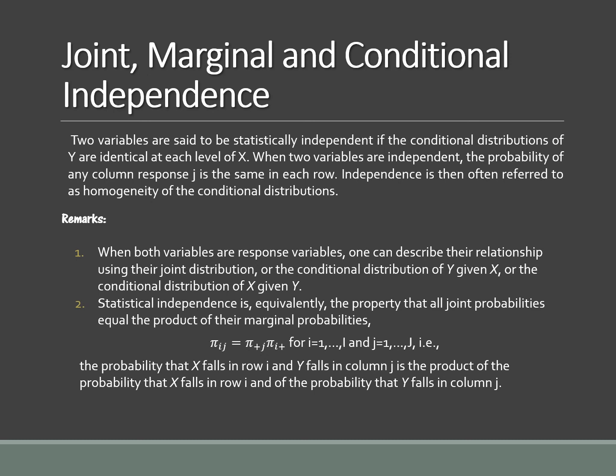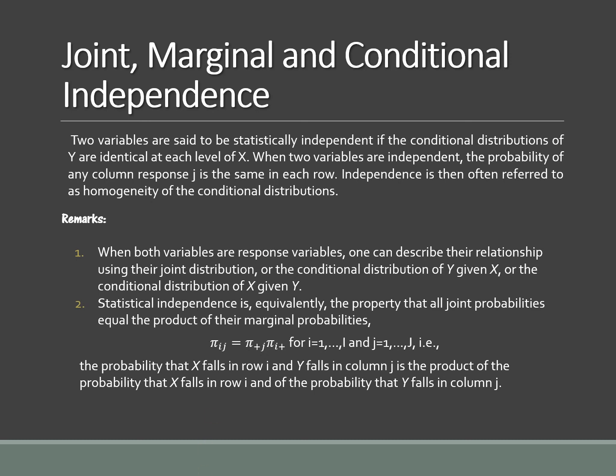Homogeneity means they are the same, because pi j given i equals 1 is equal to pi j given i equals 2, and so on. That is why, when dealing with contingency tables, we usually use the term homogeneity of the conditional distributions.